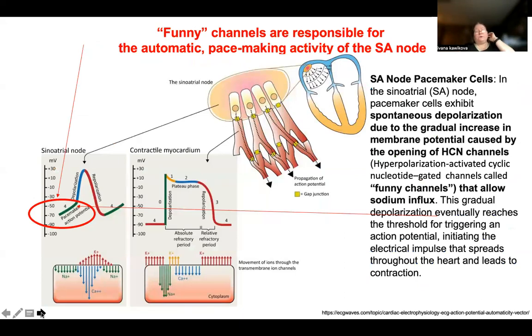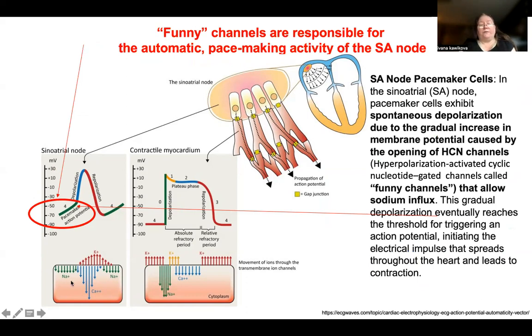So, we know that in cardiomyocytes we have this plateau. We have a different mechanism of contraction because it's regulated by calcium, so-called calcium-induced calcium release. And now, how come the action potential actually occurs in the cardiomyocytes?